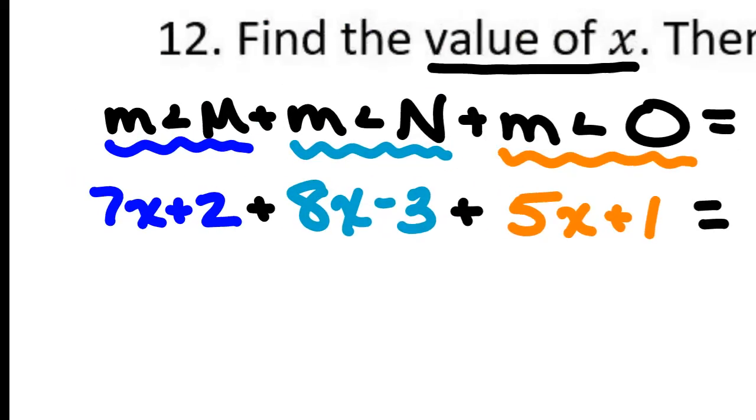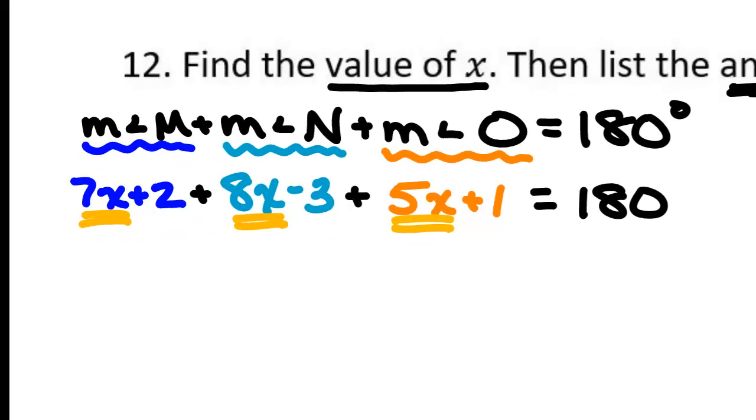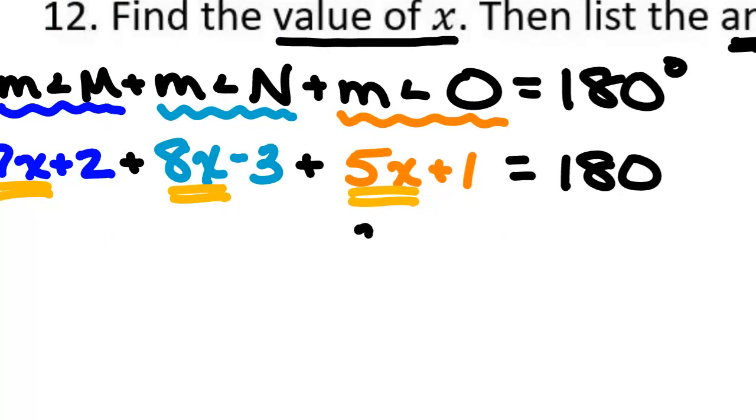All right, so now we're going to combine our like terms together. My like terms would be 7x, 8x, and 5x. That's the first group of like terms. What do we get when we add 7, 8, and 5? 20. So I get 20x.